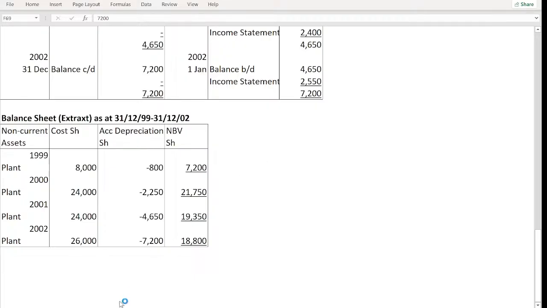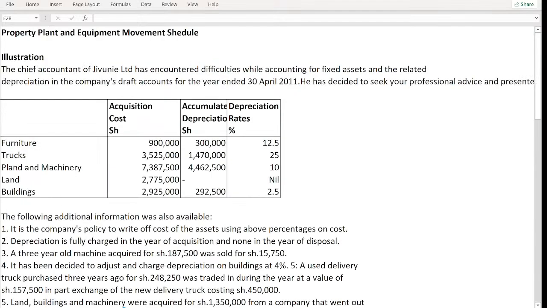So let's continue. Another thing that I needed us to look at is the property, plant and equipment movement schedule. I gave you the format, but now I'd like us to look at the illustration. The chief accountant of Jivunia Limited has encountered difficulties while accounting for fixed assets and the related depreciation in the company's draft accounts for the year ended 30 April.